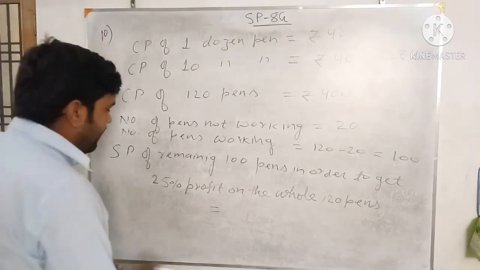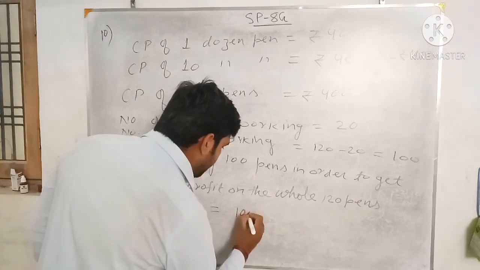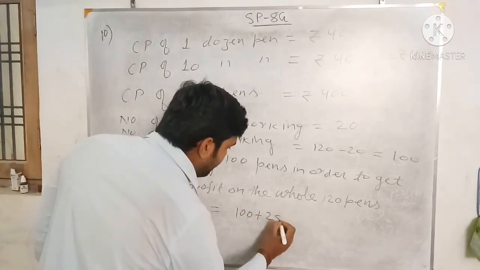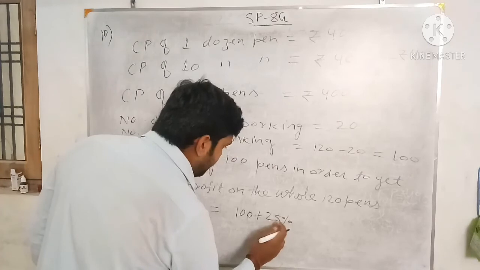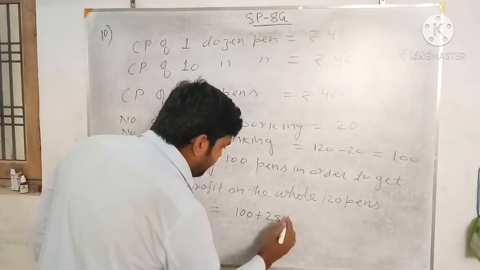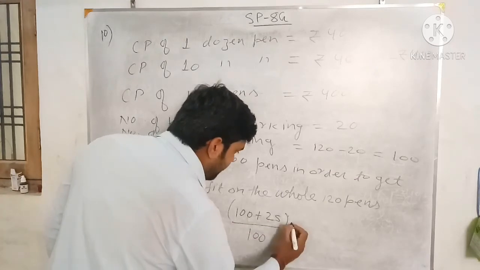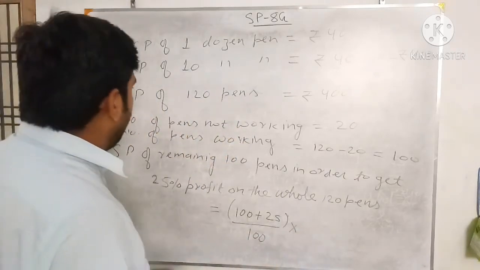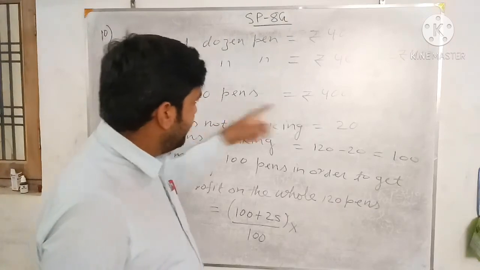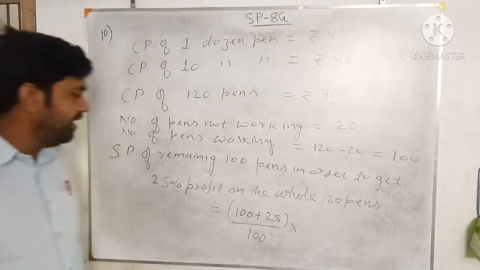What we use is the formula: selling price equals 100 plus profit percent. He wants to make 25% profit. So 100 plus profit percent, this is 100 plus 25 upon 100 into cost price. The cost price of 120 pens is rupees 400, that you put here.